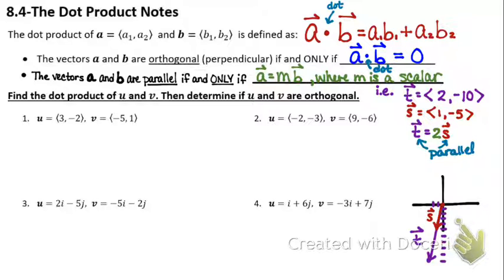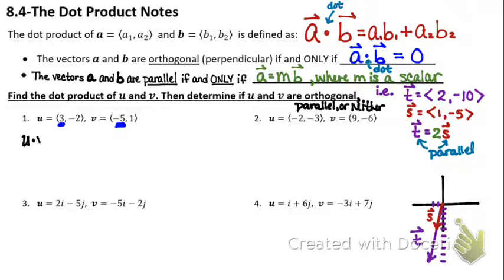I want to practice with these 4. We are going to find the dot product, and then we're going to determine, are they orthogonal, parallel, or neither. All right, so when I go to find the dot product, we're going to multiply the x parts of the components together.